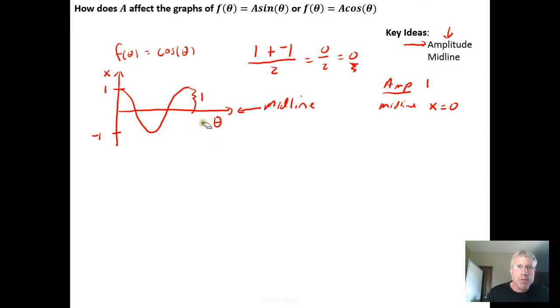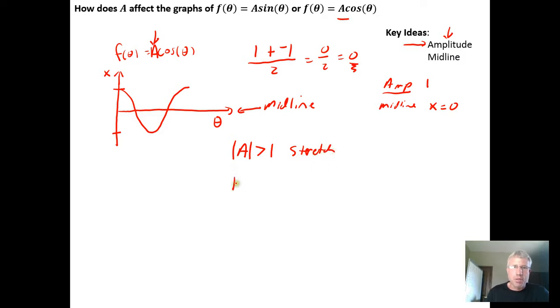So then what we want to do is think about what is going to be the impact of multiplying the toolbox function by some scalar a. And what we want to recall from pre-calculus 1 is that this is just a function transformation. This is going to be either a stretch or a compression. If the absolute value of a is bigger than 1, then we're going to get a stretch.